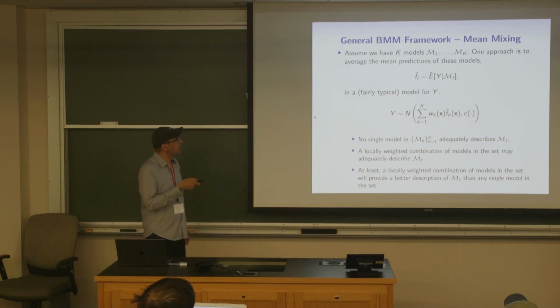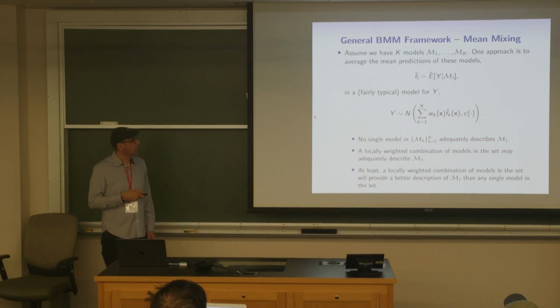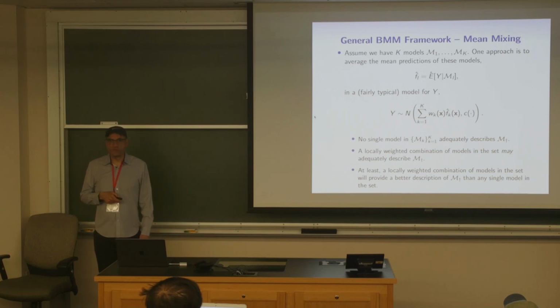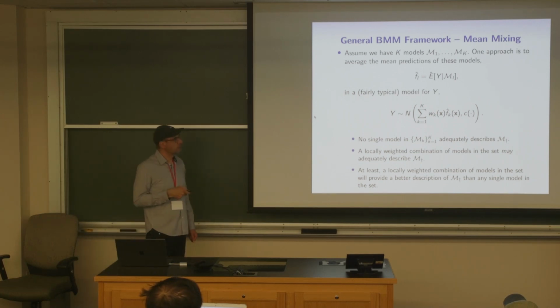Okay. And then once we have this f hat L for all of our capital K models, we could repeat that idea of a simple Gaussian observational framework to mix these various models together.